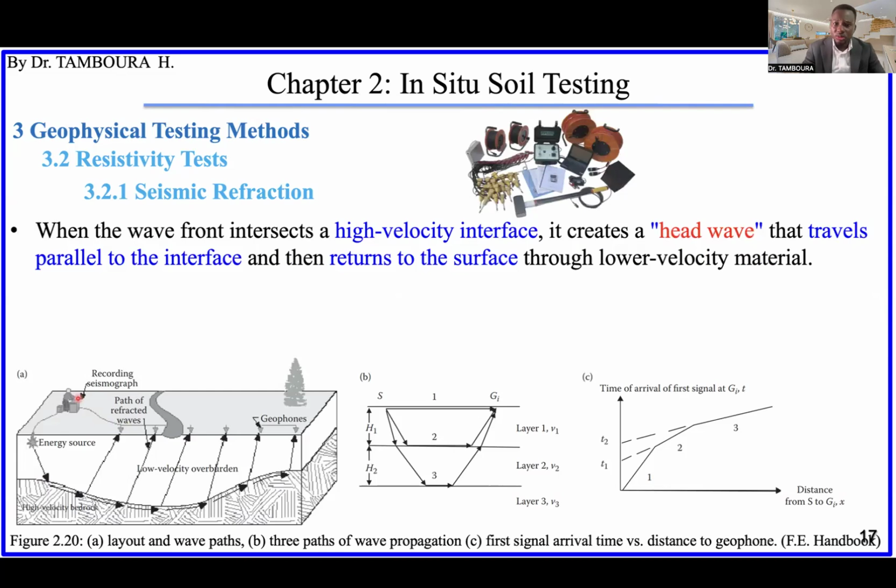This is how it works. Okay, the head wave. So it will go through the low velocity overburden, like this soil. Hey, don't worry, we will come back to these later. Now I just want you to understand how it works.